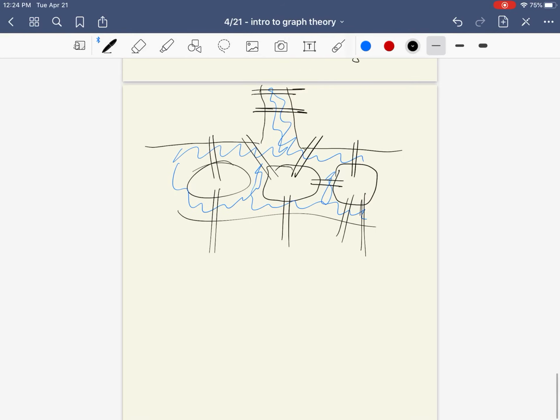Okay. So I claim, or rather, Euler's circuit theorem tells us that we can find an acceptable tour.